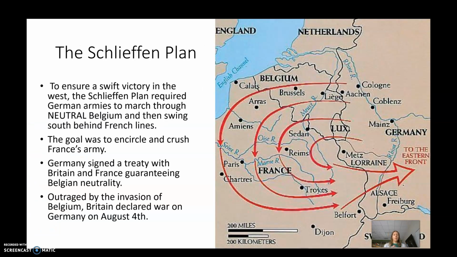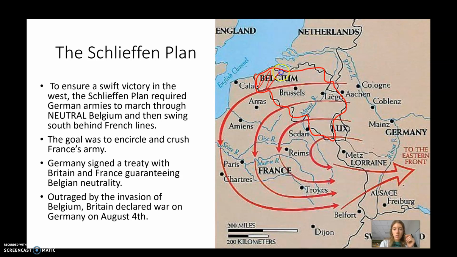So, the Schlieffen plan. To ensure swift victory in the West, the Schlieffen plan required German armies to march through Belgium. Now, Belgium is not even involved in the war. They are neutral, okay? So here on the map, here is Belgium.